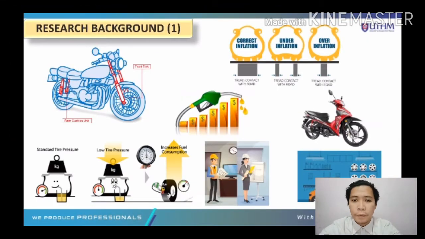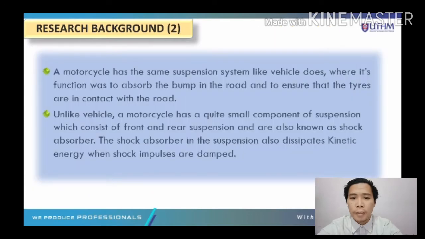So these are some of the first views or pictures for my project. The background of this study is about a motorcycle that has the same suspension system as a vehicle does, where its function is to absorb the bumps in the road and to ensure that the tires are in contact with the road.